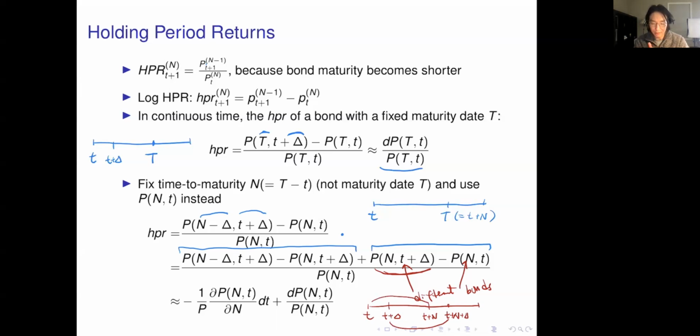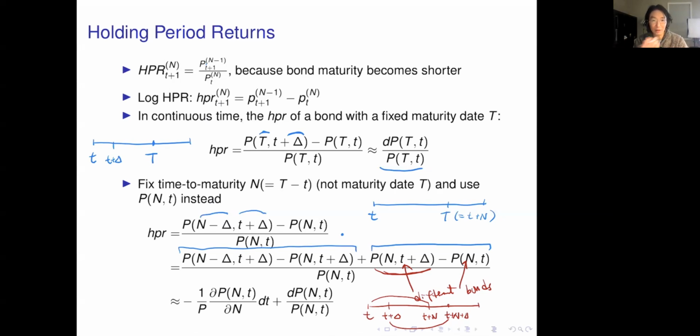Because it's easier to keep track of the bond prices of the same maturities, right? So you look at the price of the 5-year maturity bond today, and also the price of the 5-year maturity bond tomorrow, instead of looking at tomorrow's price of a 4-year and 364 days maturity bond.